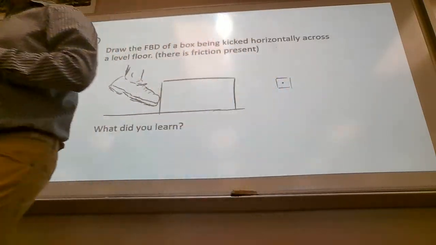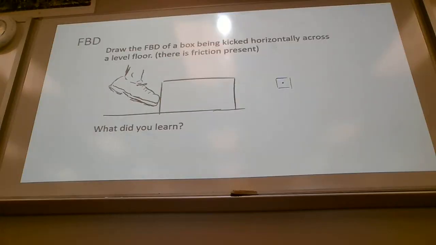Quick little side note: always include friction. Always ignore air resistance, unless the problem tells you to do something different. The default is include friction, ignore air resistance, unless the problem says to do something otherwise.